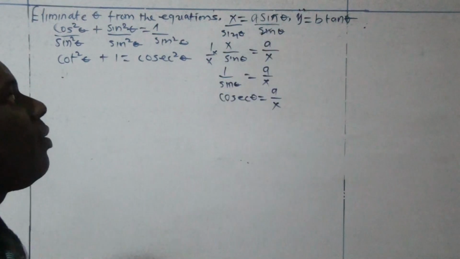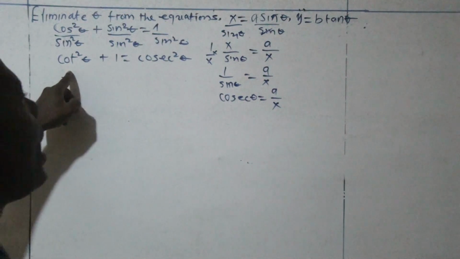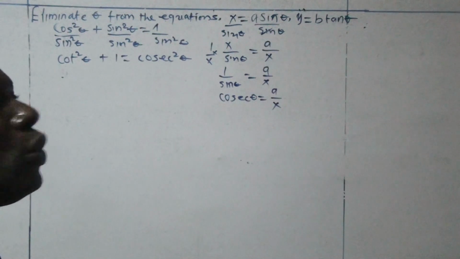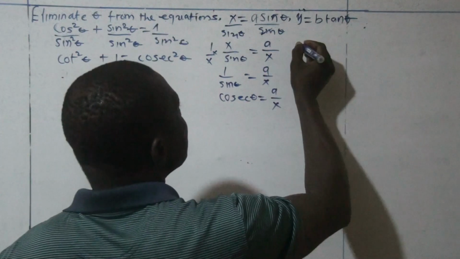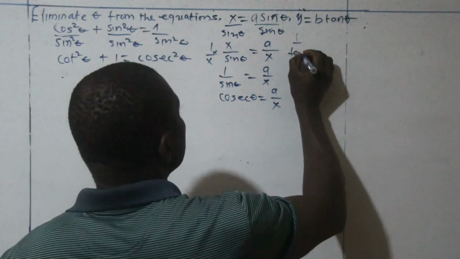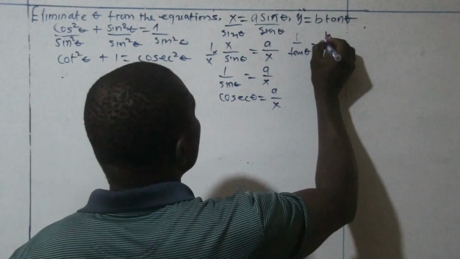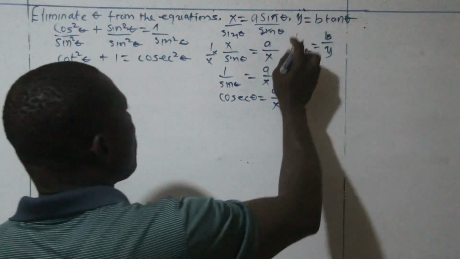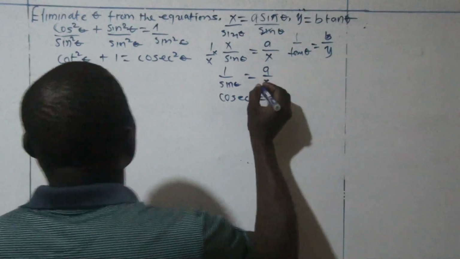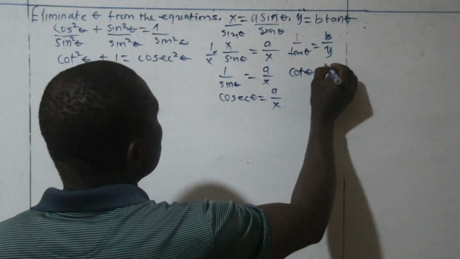Then similarly, if we are going to obtain cot here, which is 1 over tan, we divide both sides by tan theta, this becomes 1 over tan theta is equal to b over y, and 1 over tan is cot. So here we have cot theta is equal to what?